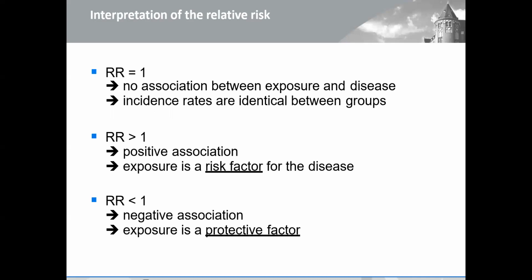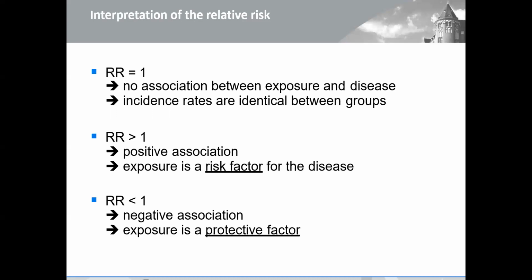Then if your relative risk is above 1, there is a positive association. By positive association, we mean the exposure is a risk factor for the disease. Those with such an exposure are more likely to develop the disease. So if it's more than 1, it means it's a risk factor, and people exposed to that are more likely to develop the disease.